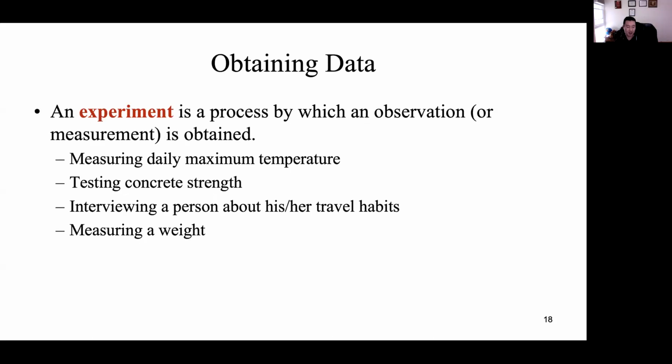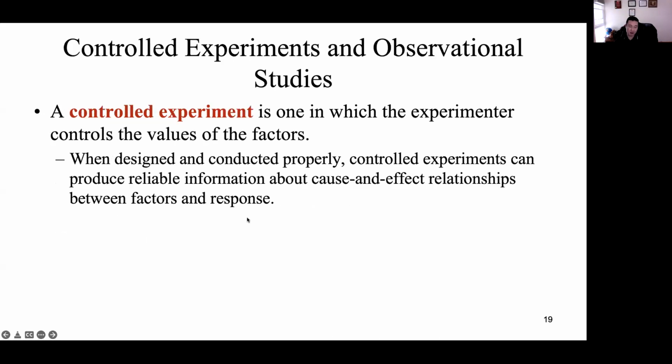So, obtaining data. An experiment is a process by which observation is obtained. For example, we try to measure the daily maximum temperature, or we test the strength of concrete, and so on. So that is experiments. For experiments, we have controlled experiments and observational studies. A controlled experiment is one in which the experimenter can control the value of the factors.